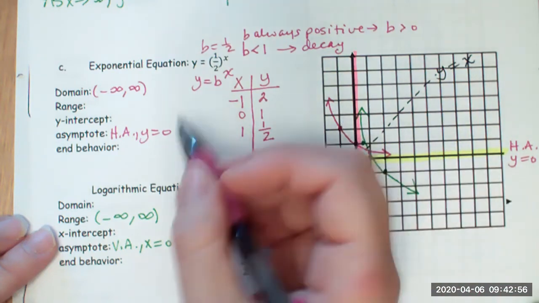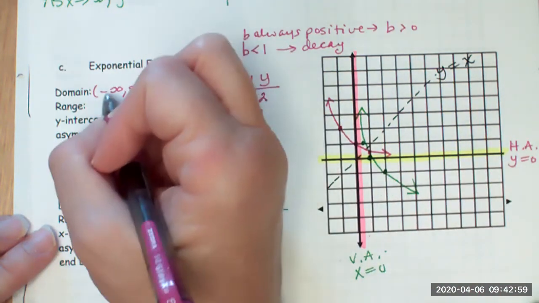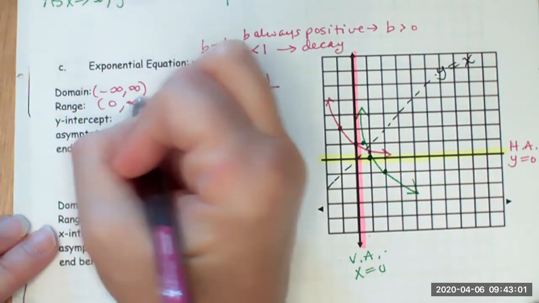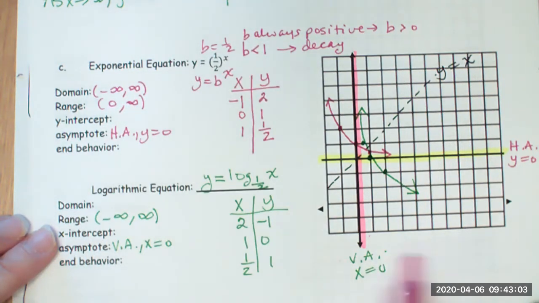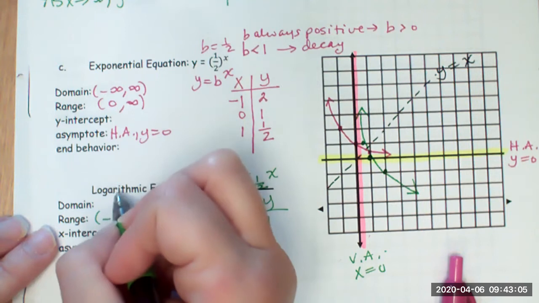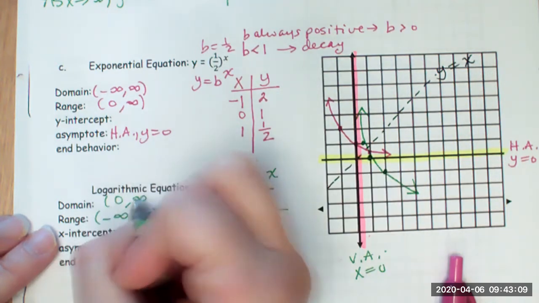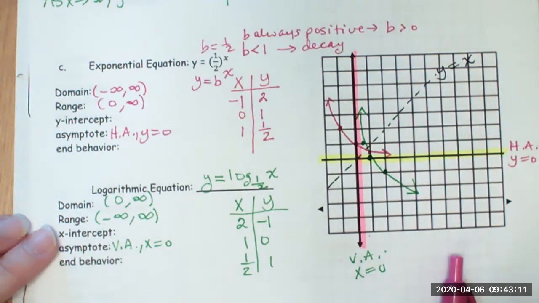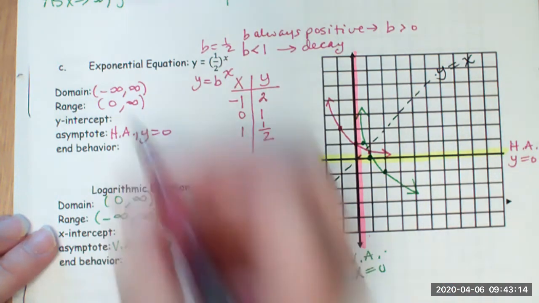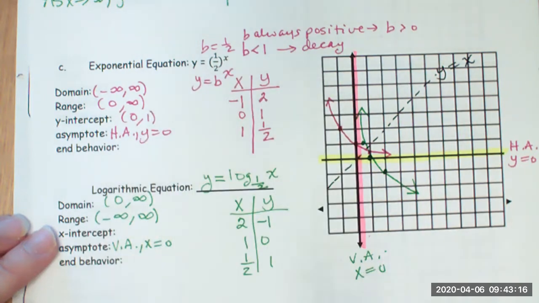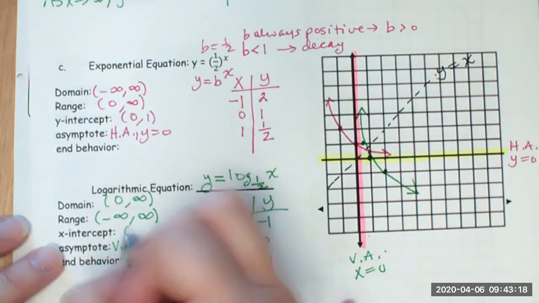And so we know the range is 0 to infinity, which means that the domain of the log function is from 0 to infinity, right? The y-intercept here, of course, is (0, 1), which means that the x-intercept here is going to be (1, 0).